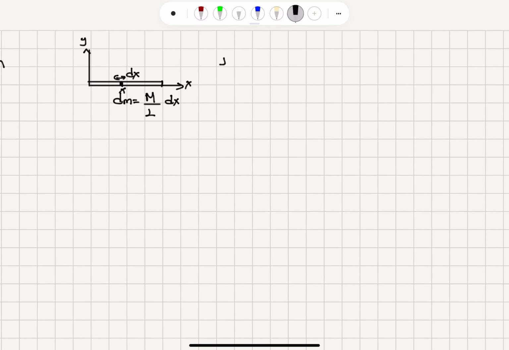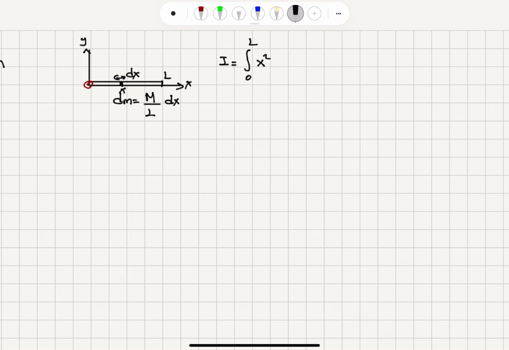The moment of inertia for rotations about this axis, this is my pivot point, is the integral from x equals 0 to x equals L, the maximum value of x here is L, of r squared. That's the distance from the rotation axis to the infinitesimal mass, which is x. So it is the integral of x squared.